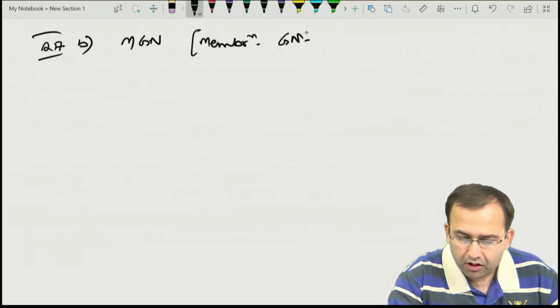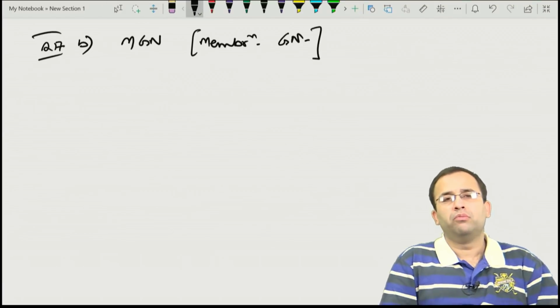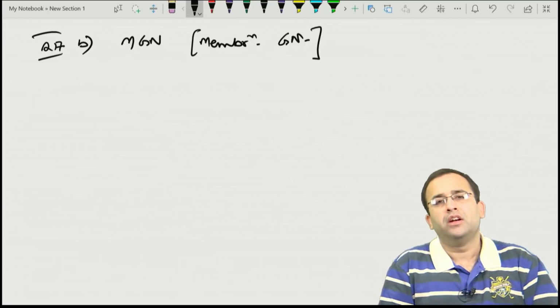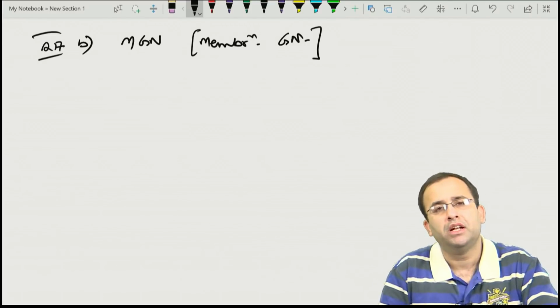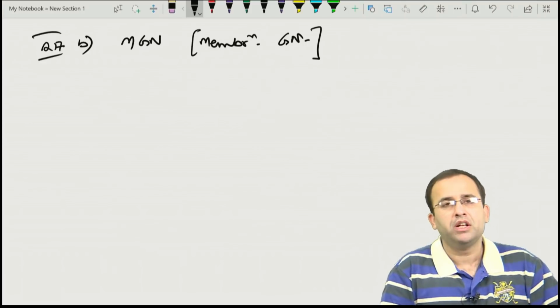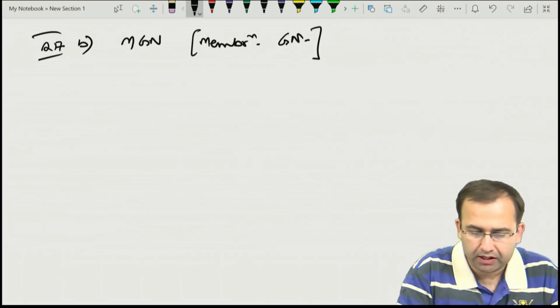First point. Before we start with MGN, let us have a look at the primary nephrotic syndromes. Let us go sequentially; we will understand the microscopy better that way.